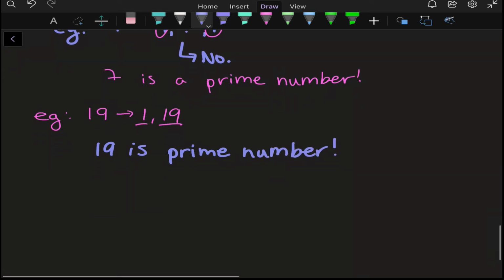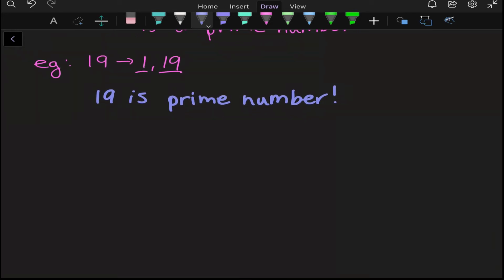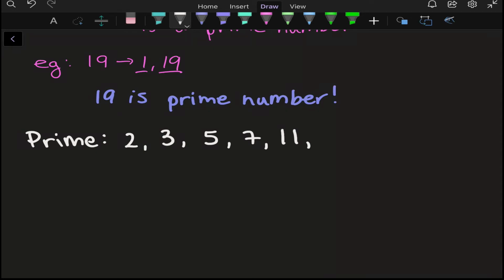Now we're going to need to know our prime numbers for later on. So here is a list of the first 8 prime numbers. The first 8 are 2, 3, 5, 7, 11, 13, 17, and 19.